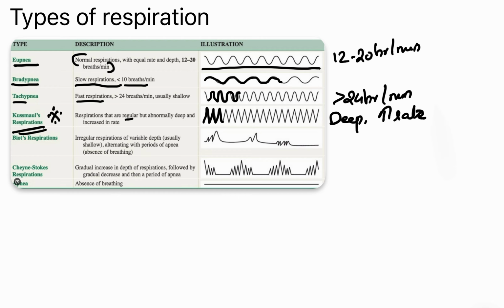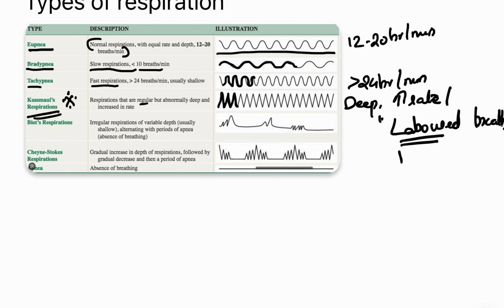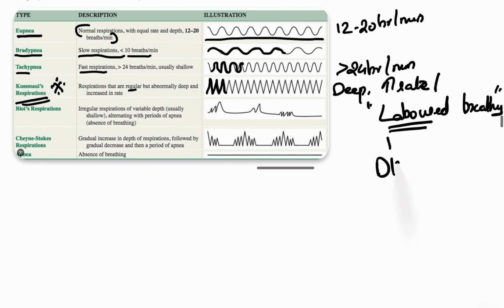Sometimes Kussmaul respiration is also known as labored breathing because the patient is taking so much effort in taking a breath. That is seen in Kussmaul respiration, often associated with severe metabolic diseases like diabetic ketoacidosis. Remember, diabetic ketoacidosis is a metabolic disorder, and the patient can show Kussmaul's respiration.